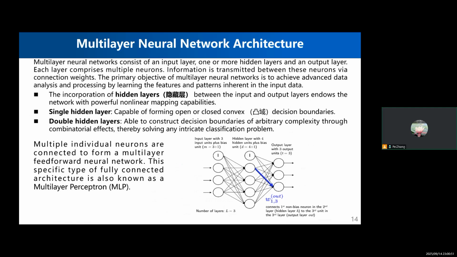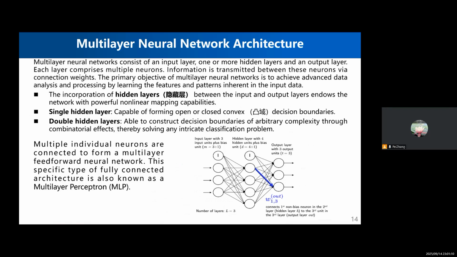The incorporation of hidden layers between the input and output layer endows the network with powerful nonlinear mapping capabilities. A single hidden layer is capable of forming open and closed convex decision boundaries.